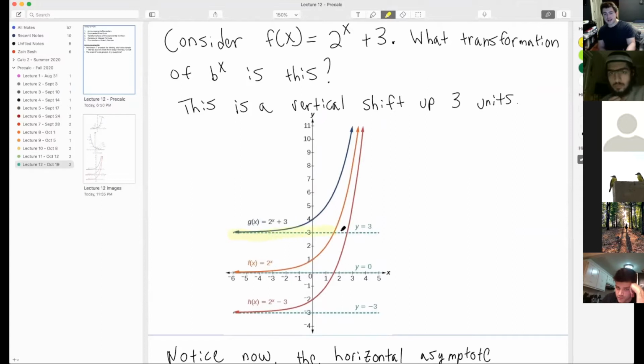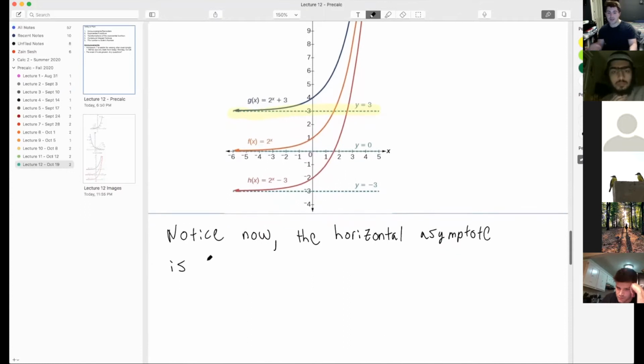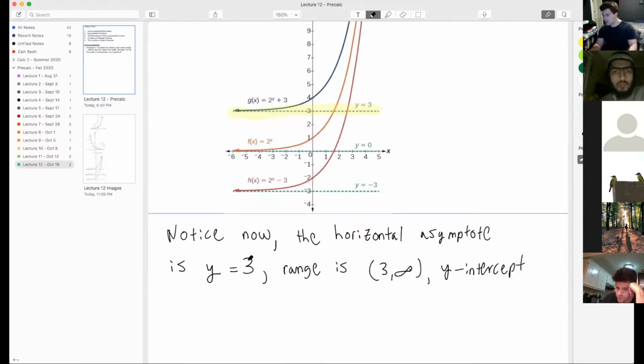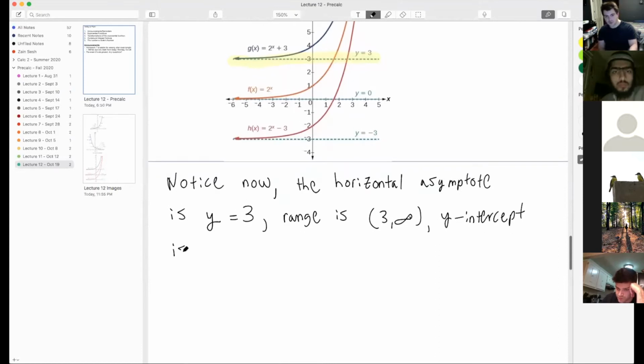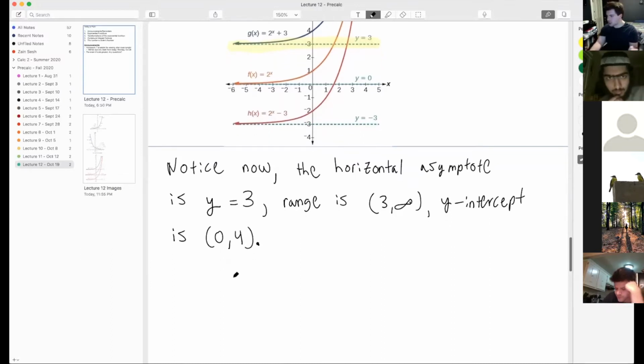We do have a horizontal asymptote not at y equals 0, but now at y equals 3. The range is no longer 0 to infinity. It's now 3 to infinity. So that's another thing that changed. And the y-intercept also changed. The y-intercept is (0, 4), as opposed to (0, 1). So that's what changed here.